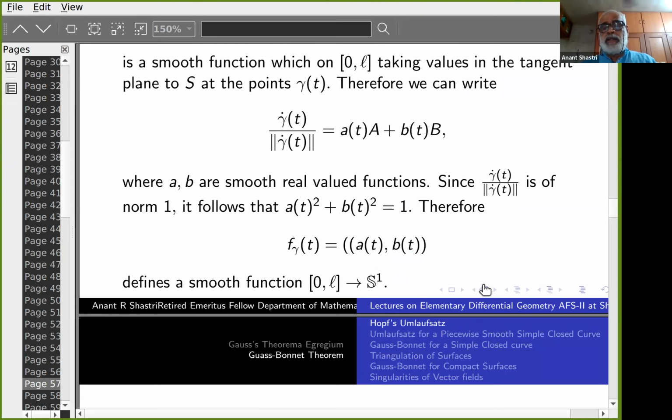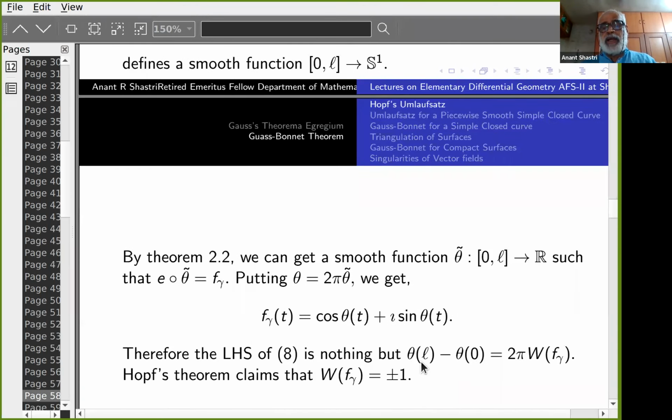Here b and a are L and 0, so it is theta L minus theta 0, and that is the winding number. Only thing is, this time you have to multiply by 2 pi, because this theta itself is 2 pi times theta twiddle. All right, so Hopf's theorem is equivalent to showing that the winding number, the degree of this map, is plus minus 1. Delta of f gamma, or I can write it as W of f gamma, is the winding number. Both the notations are used anyway.